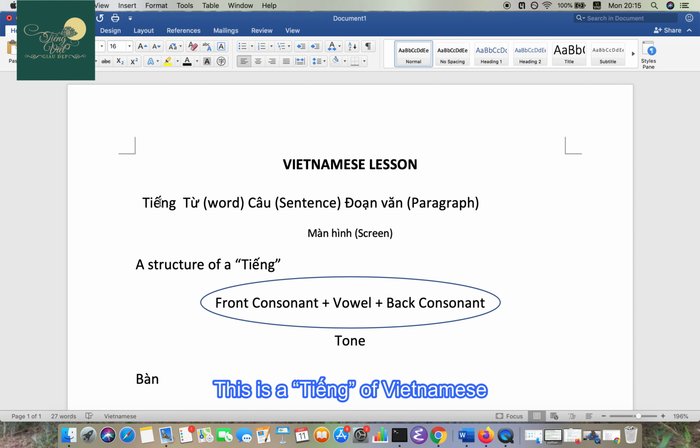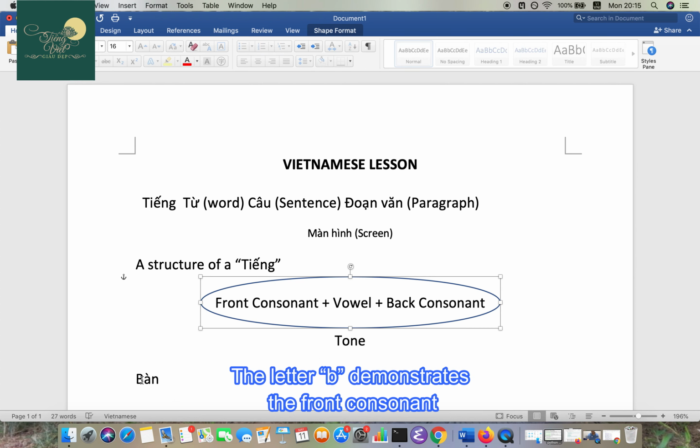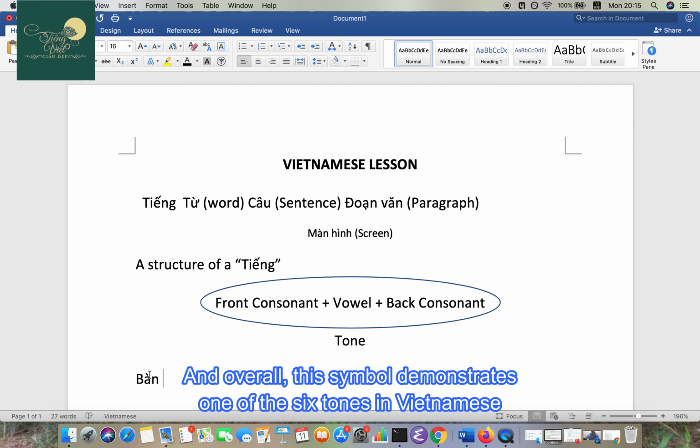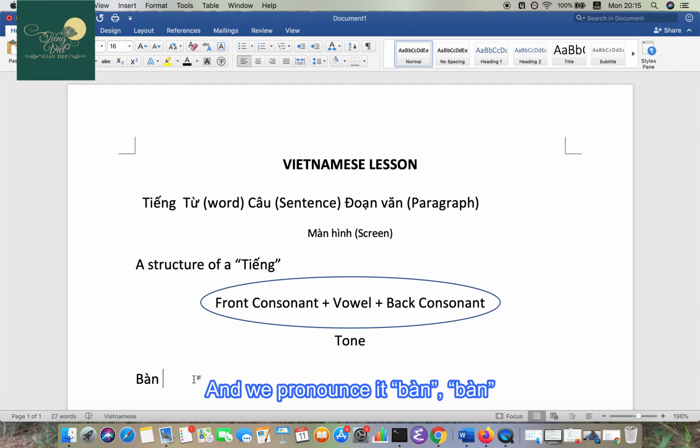This is a tiếng of Vietnamese. The letter A here demonstrates the vowel. The letter B demonstrates the front consonant. And the letter N demonstrates the back consonant. And overall, this symbol demonstrates one of the 6 tones in Vietnamese, and we pronounce it bàn, bàn.